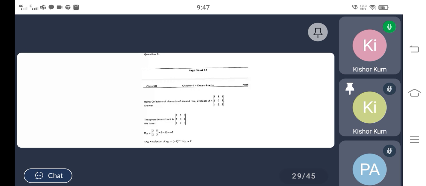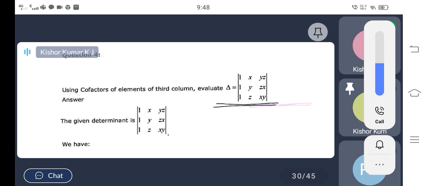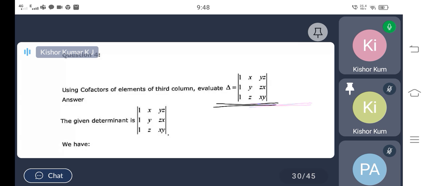1 y z, x 1 z, x y. So this is the same problem as the previous one, but with different elements. There we used the second row to evaluate delta, that is the cofactors of the second row.